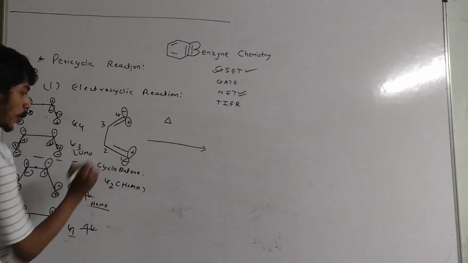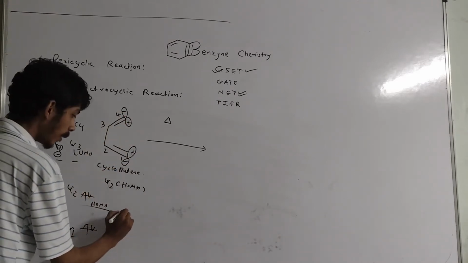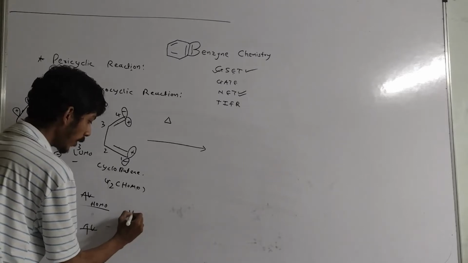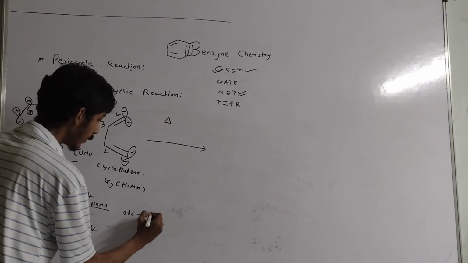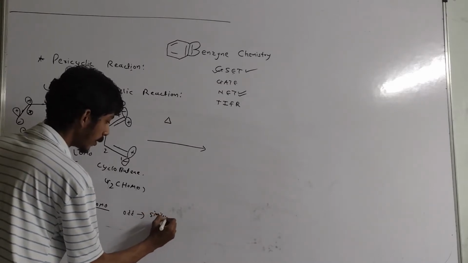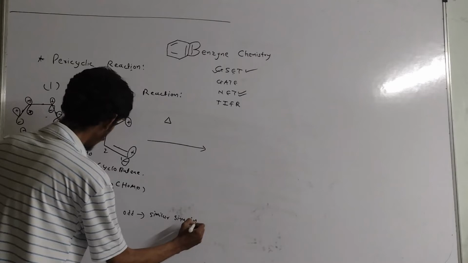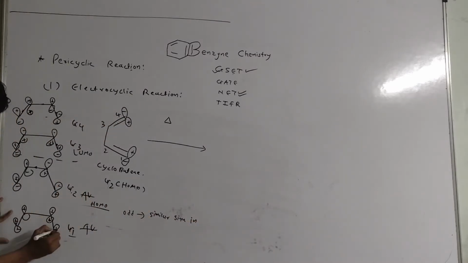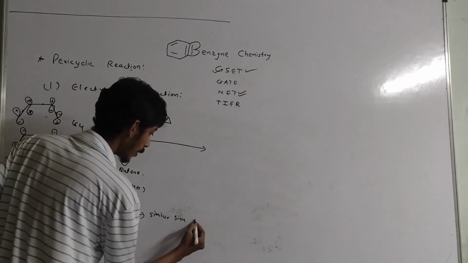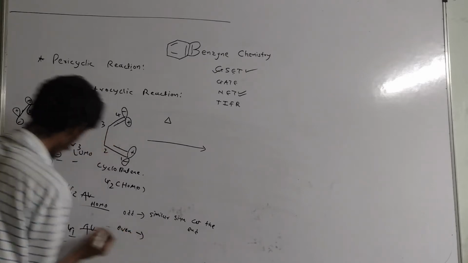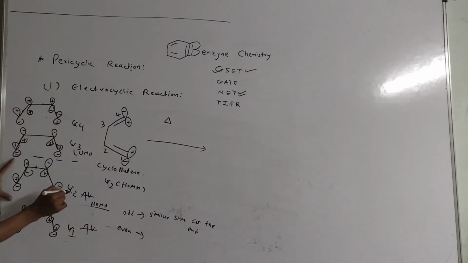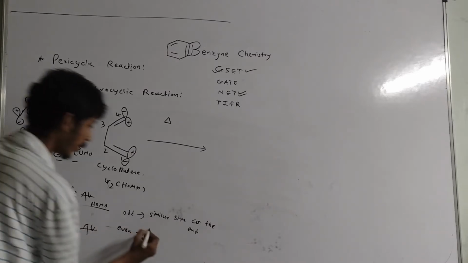Memorize it this way: the odd wave functions have the similar sign at the end, and the even wave functions have a different sign at the end of the carbon.